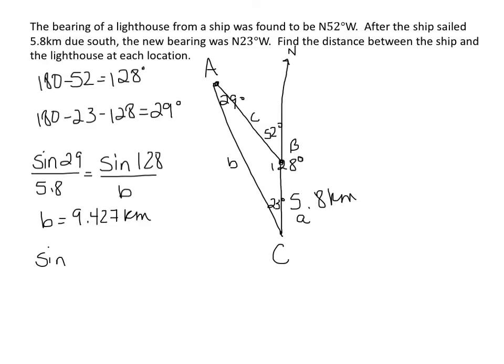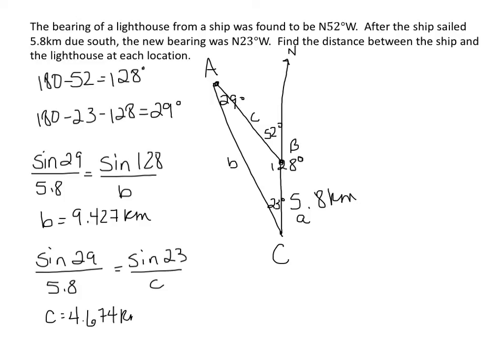I'll begin with sine of A over A because it's the ratio that I was given. Cross multiply, and I get that side C is 4.674 kilometers. This is a word problem, so I do need to write this as a complete sentence.